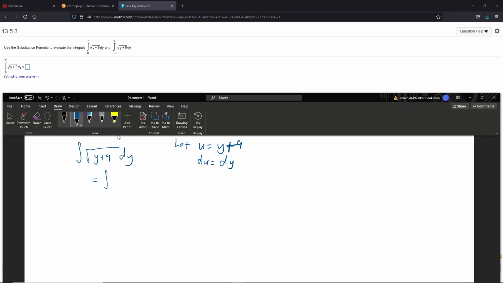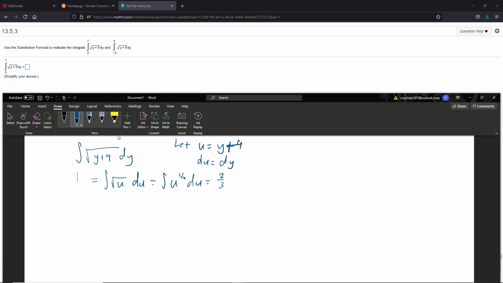We would get the integral of the square root of u du, which would be the same thing as the integral of u to the 1/2 du. And we know that by using the power rule for integration. So you add 1 to the exponent, divide by that exponent, and dividing by 3/2 is the same thing as multiplying by 2/3.